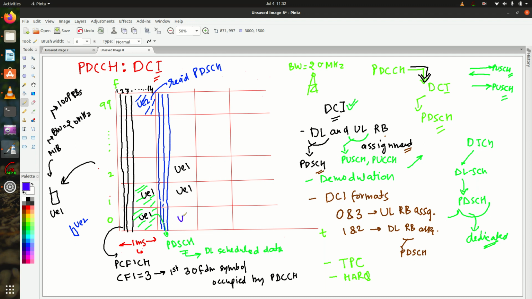How will you come to know that this resource block is now allocated to you? It all depends on PDCCH. So it is important to decode PDCCH. Without decoding PDCCH you won't come to know which PDSCH you have to read. So in the next TTI the same things will repeat.